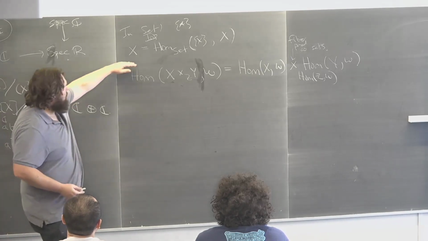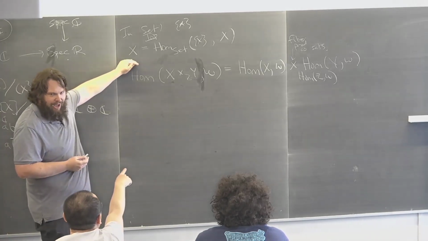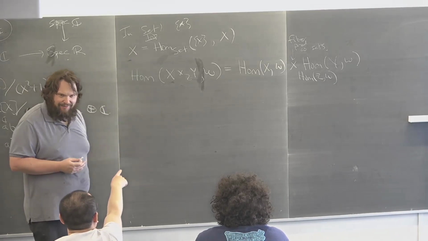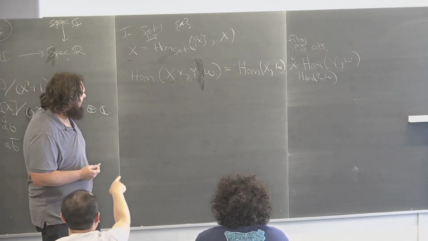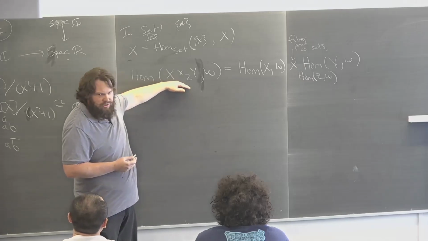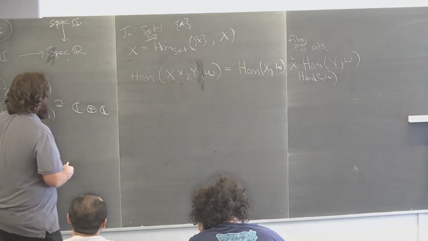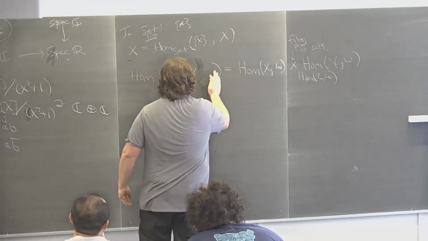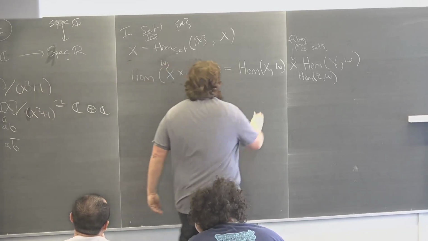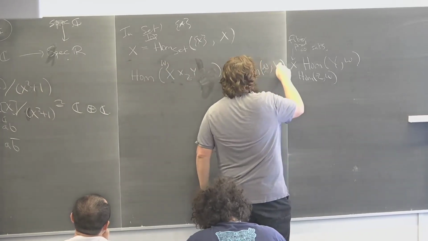This equality? Because for every element of X, I have a Hom that sends the point to that element of X. This equality is just another way of saying the universal property. Yes, you're right. I told you I was going to get this backwards. It's all backwards. Yes, I'm sorry.